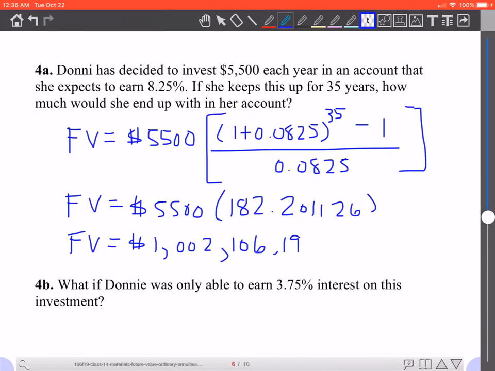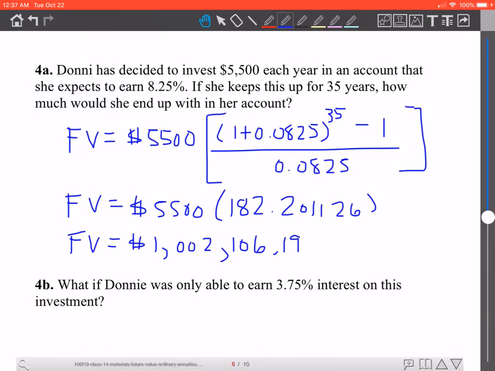That's to the 35th power minus 1. And then divided by 0.0825. Yep, that's the correct growth factor times 5,500. Wow, $1,002,106.19. That is a lot of money she will have after 35 years.